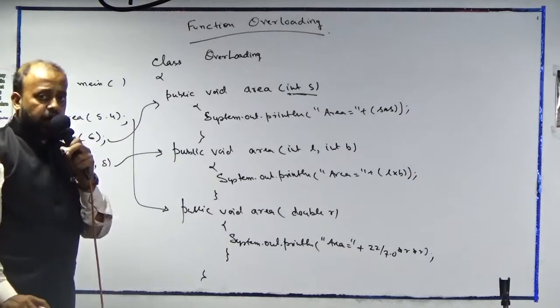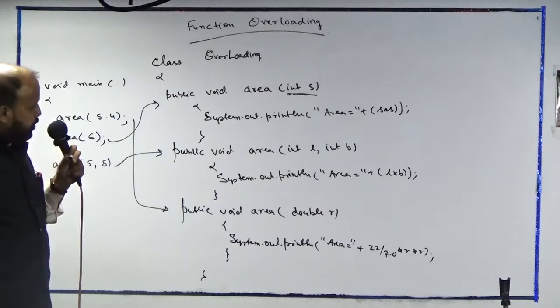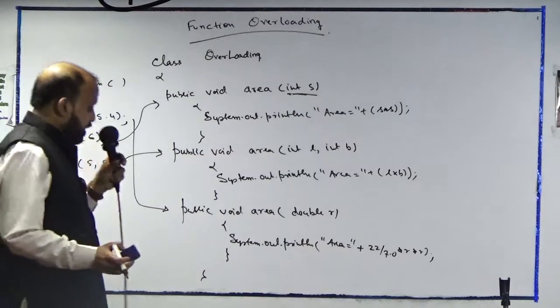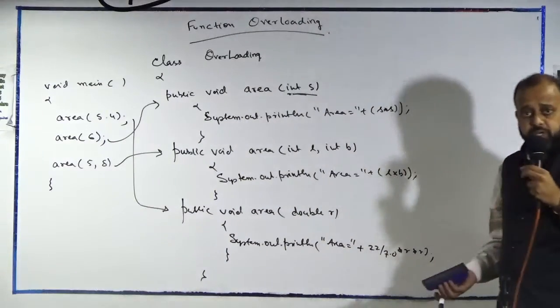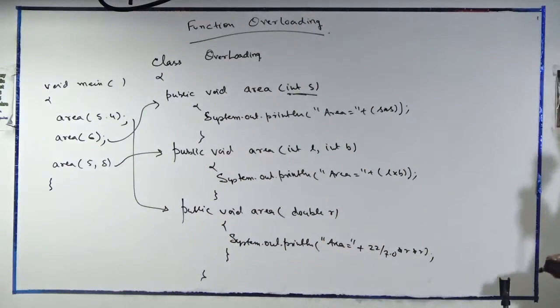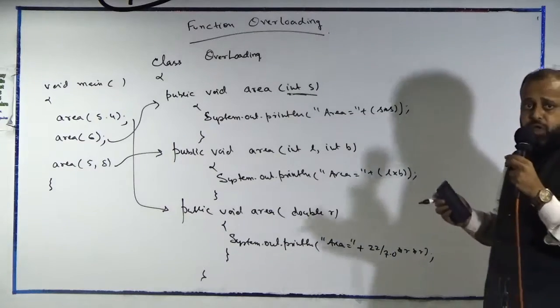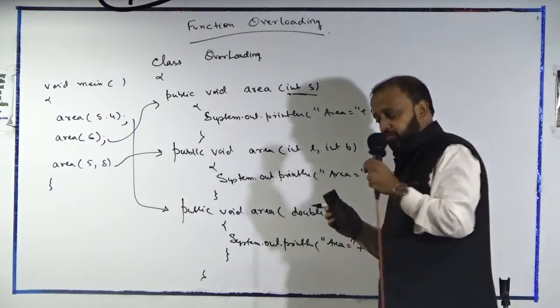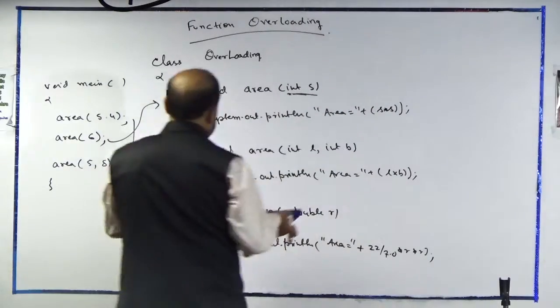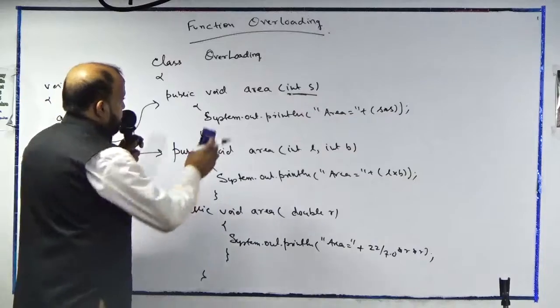In case main is asked, then. Now, suppose the same problem is given, you have to calculate the volume of cube, cuboid and sphere. But the problem has stated that you have to return the value. You have to return the value of volume of each geometrical shape. Now, in that case, let us do the changes.